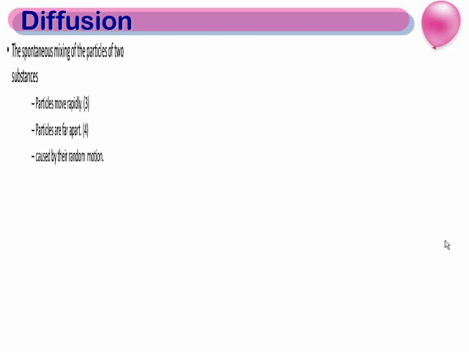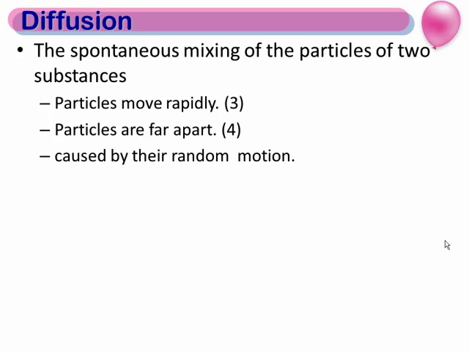Diffusion is the spontaneous mixing of the particles of two substances. Again, it's because particles move rapidly in random motion and the particles of a gas are far apart.